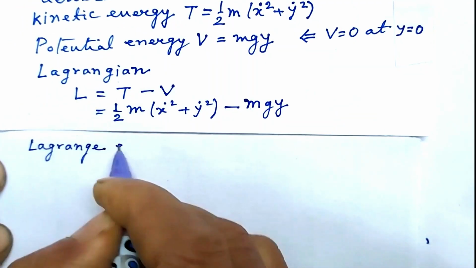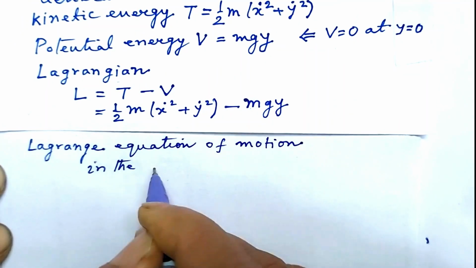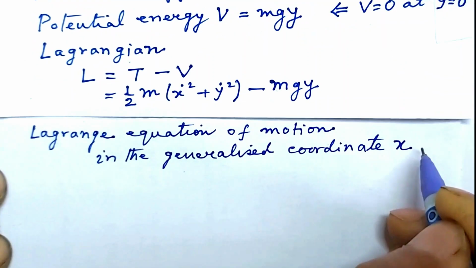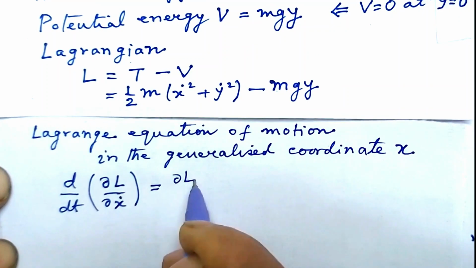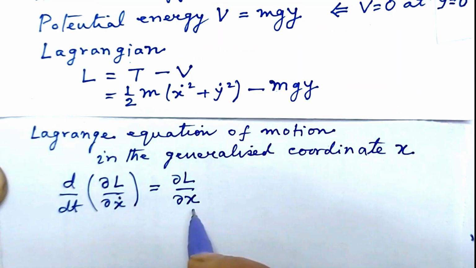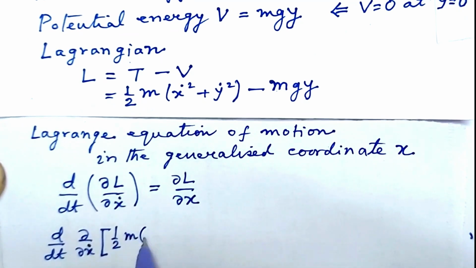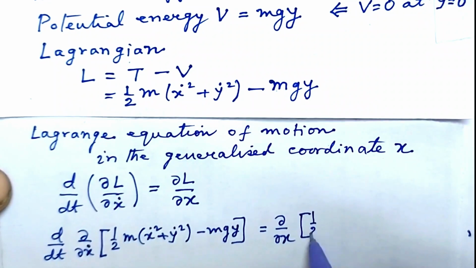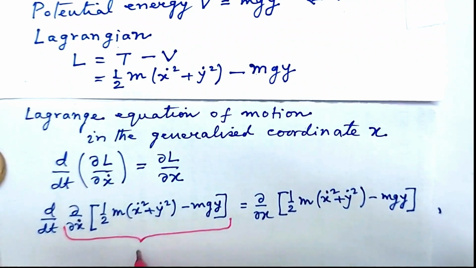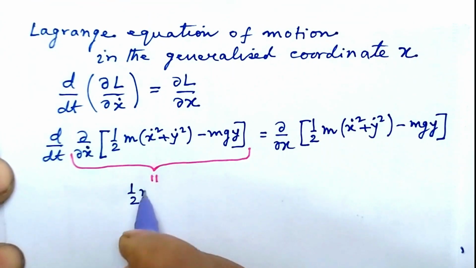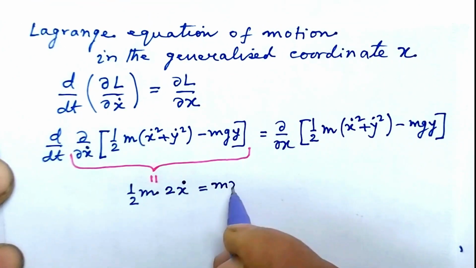Now the Lagrange's equation of motion in the generalized coordinate x is d/dt of del L/del x dot equal to del L/del x. Plug in the expression of L that we got, and this gives, consider this part involving del/del x dot, performing which we get m x dot.